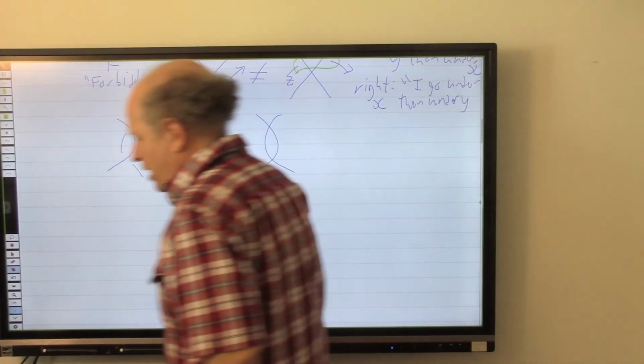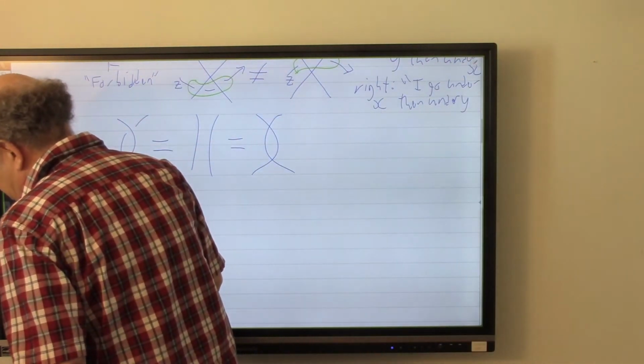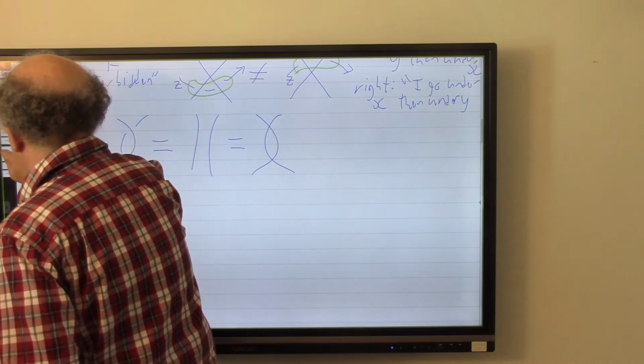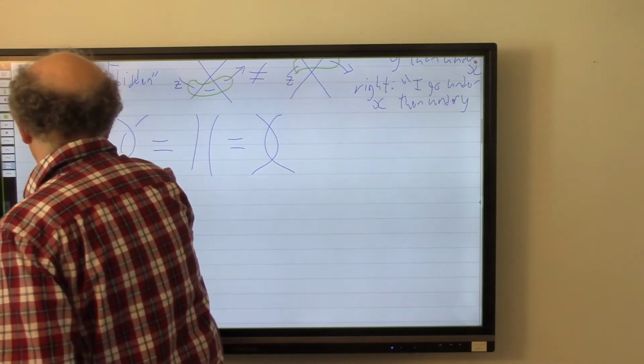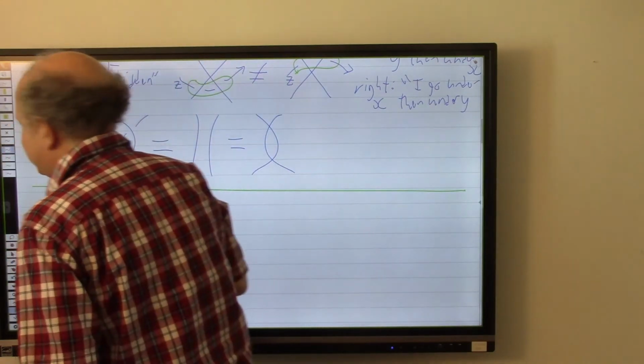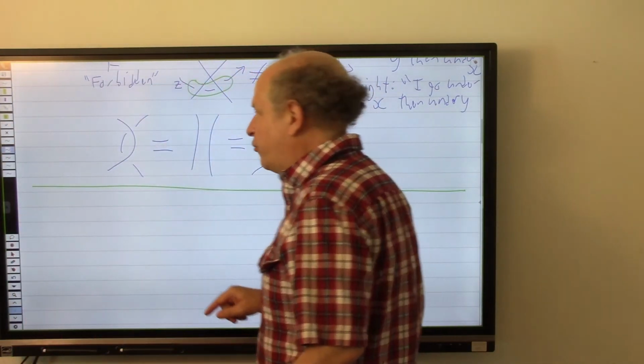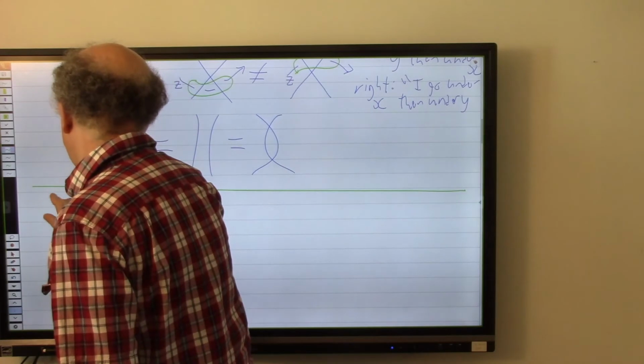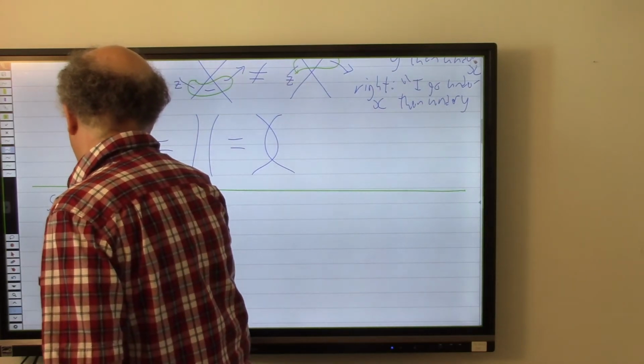Okay, but I do want to say a few things. In many ways virtual knots are the same as ordinary knots, but in other ways they're different. So here are some differences.